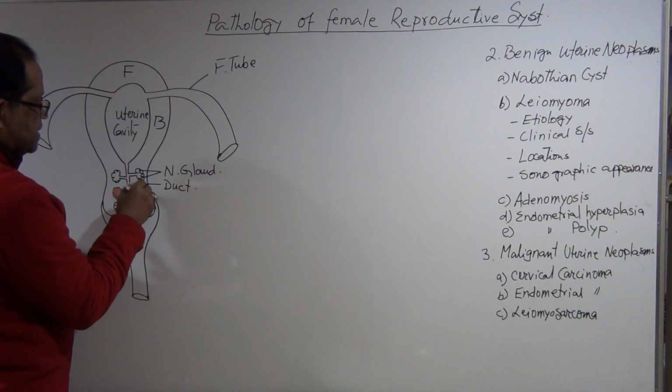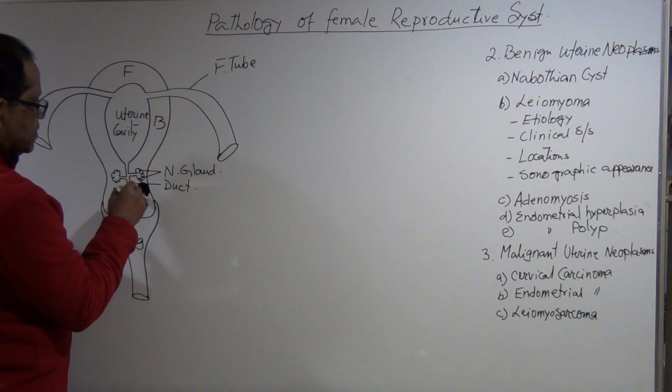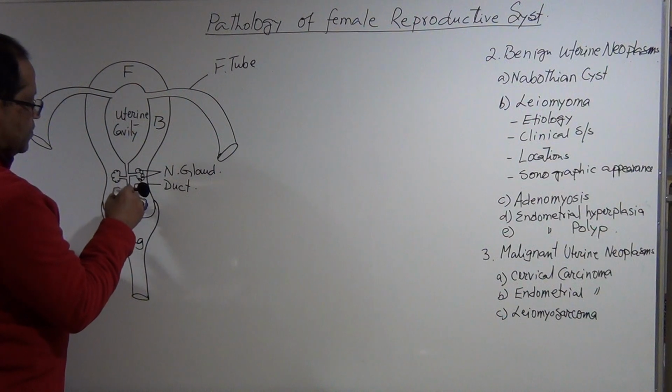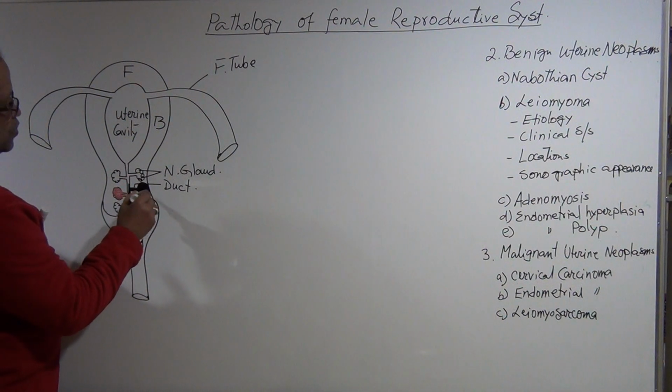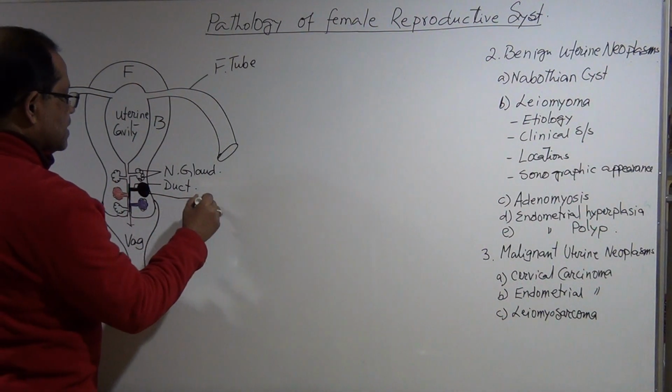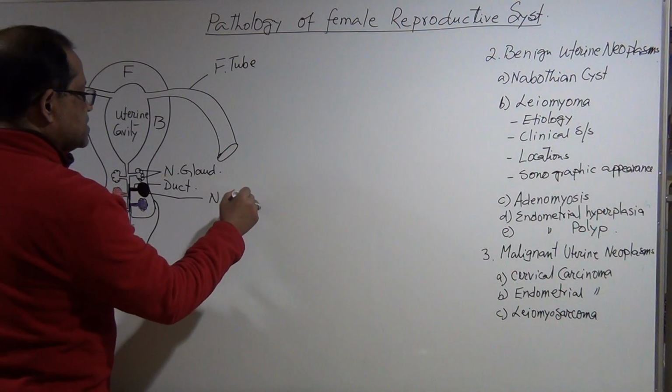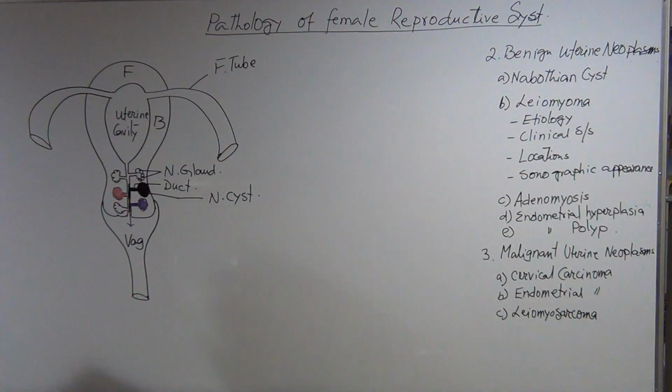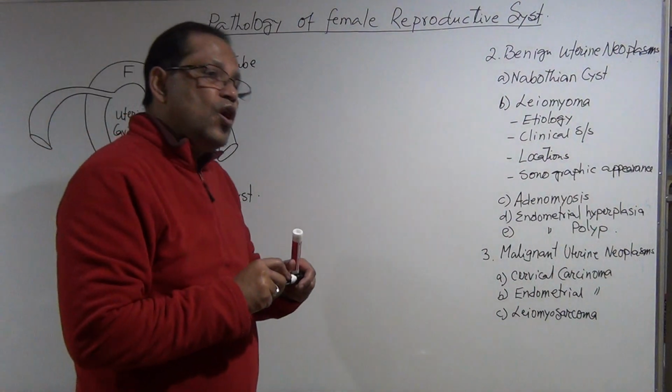Now you can see it. Okay, so now we call it Nabothian cyst. And this Nabothian cyst is common.